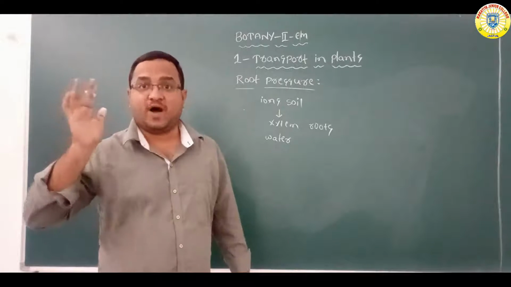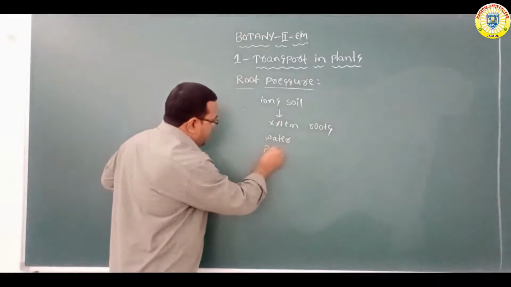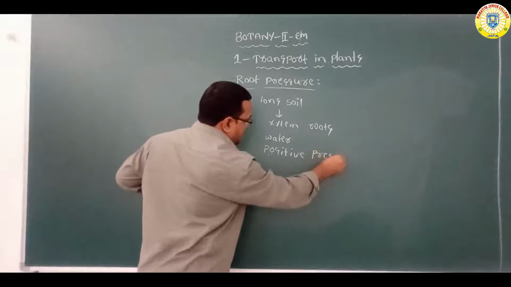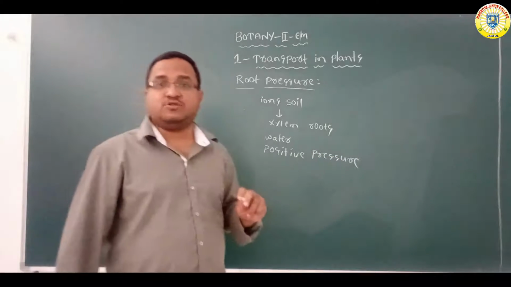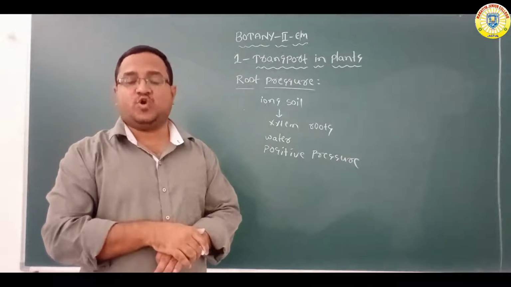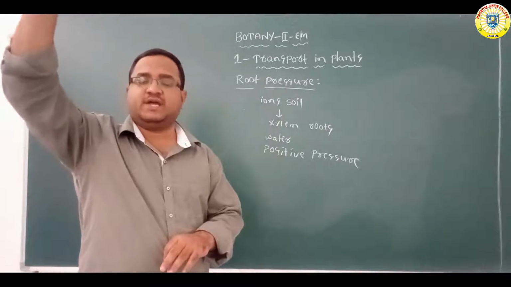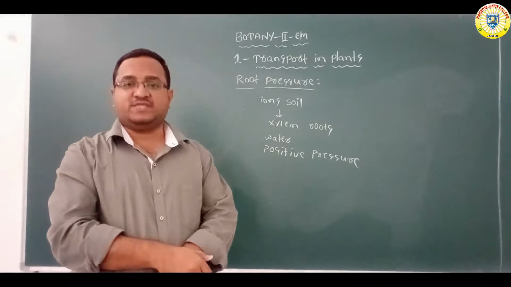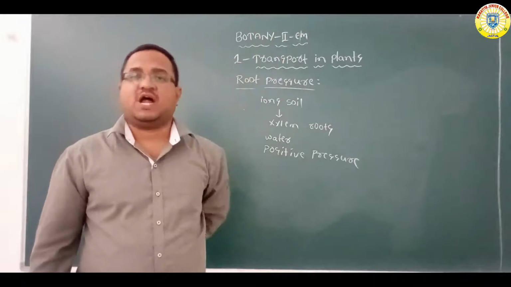That positive pressure is called root pressure. Because of root pressure, water moves in the upward direction and reaches the top regions of small plants.